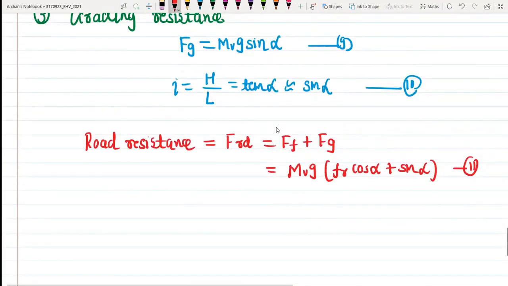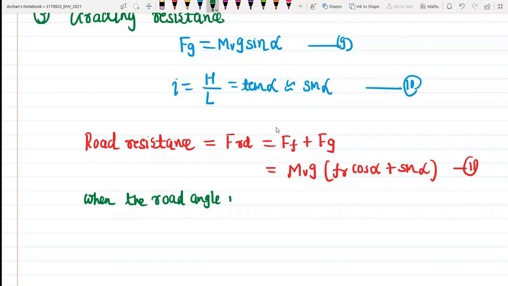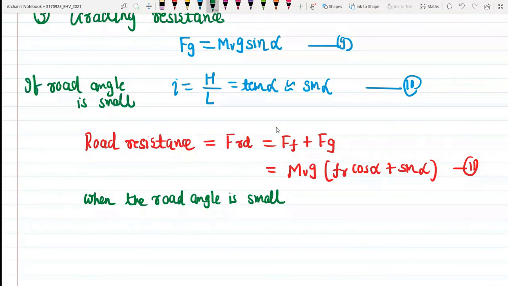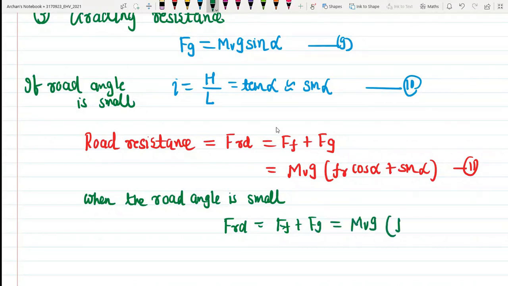In this case, if the road angle is small, the road resistance FRD will be equal to Ff plus Fg, and it is equal to mv into g, fr plus i, which is my grade.